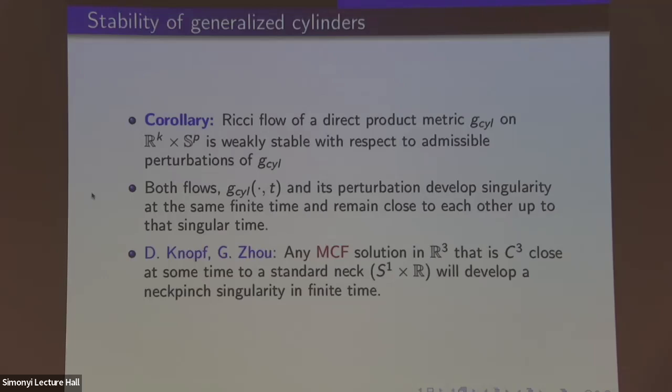What does neck pinch singularity mean? I'm going to define it later, but for now you can just think that the singularity model is a cylinder. Neck pinch singularity here means that the singularity happens in finite time, and when you rescale parabolically and take the limit, it will converge to a round cylinder S^1 cross R.